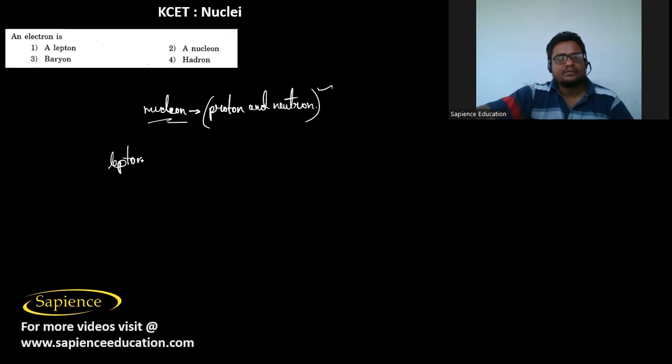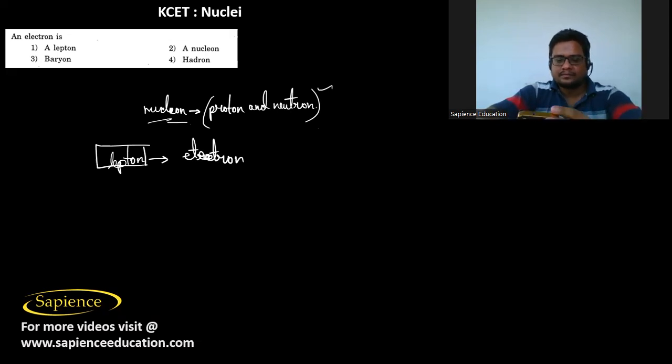And leptons: the examples of leptons are electron, muon, and neutrino.